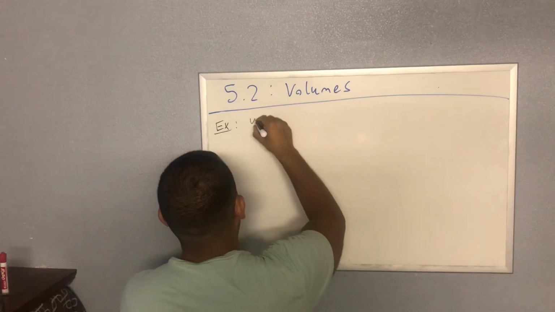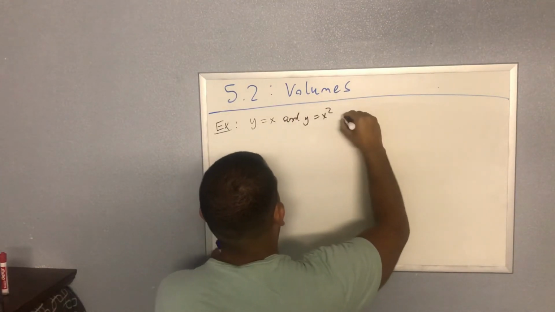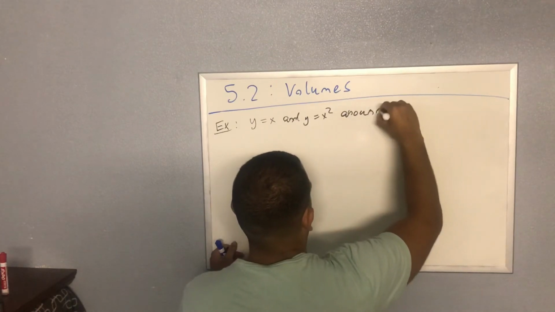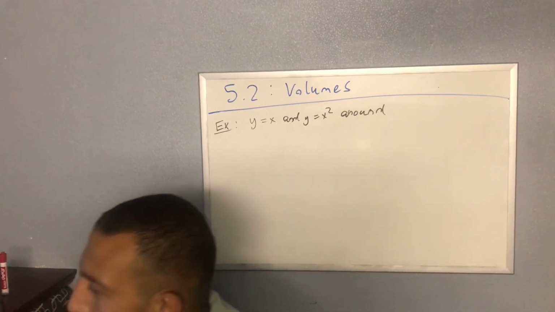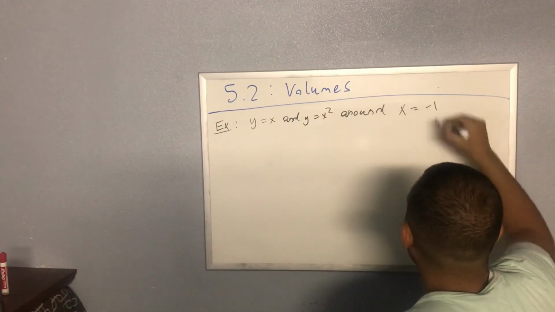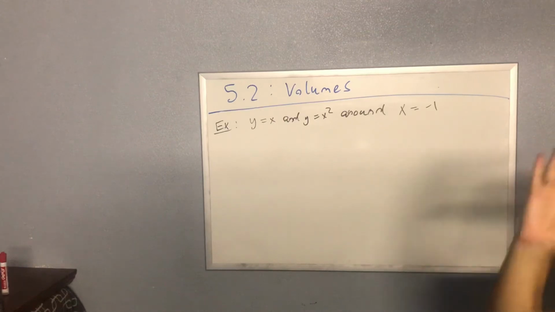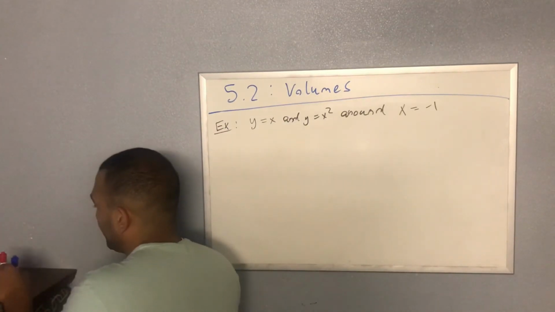So we're doing y equals x and y equals x squared. That region created by these two around now the line, this line, x equals -1. So this vertical line at -1 units up.